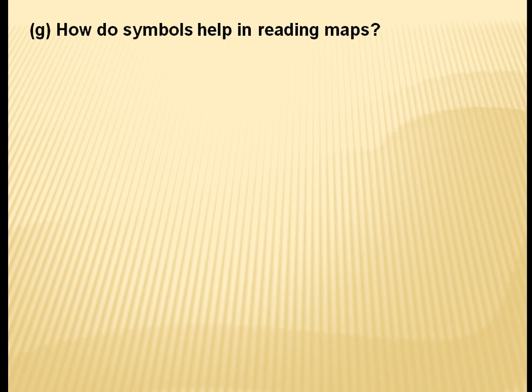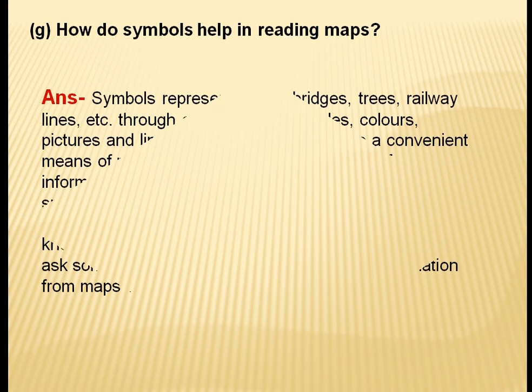Moving further, how do symbols help in reading map? So as we have seen the conventional symbols about the railway line, trees, post office and all. So when it is drawn there, you can easily understand, oh, it's a symbol of post office, so here is a post office. Okay, like that. So please check out this answer.